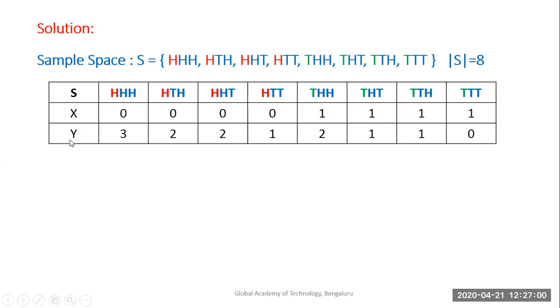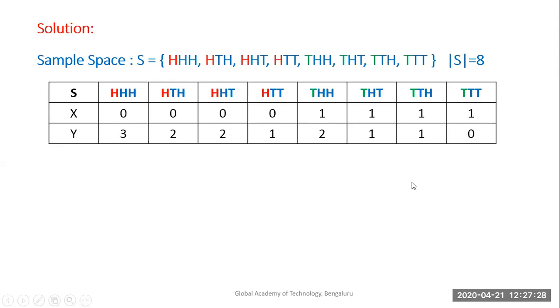And Y denotes the number of heads obtained. Here there are 3 heads obtained, so Y takes the value 3. Here we have 2 heads, so Y takes the value 2. Y is the total number of heads. Here again Y is 2. Here Y is 1 because there is only one head. Once again here Y takes the value 2. In these 2 cases, 1. And in the last case there is no head, so Y takes the value 0.